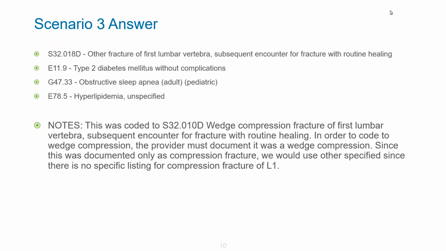Right. For other specified complication, the provider has to connect those two, and you will see a lot of times in documentation where they say hyperlipidemia related to diabetes. But if you look up the diabetes and you look up with hyperlipidemia, and I can't get to my Coding Clinic right this minute.